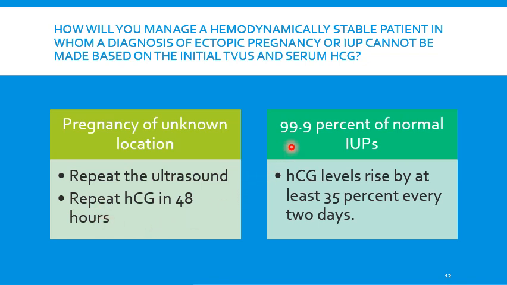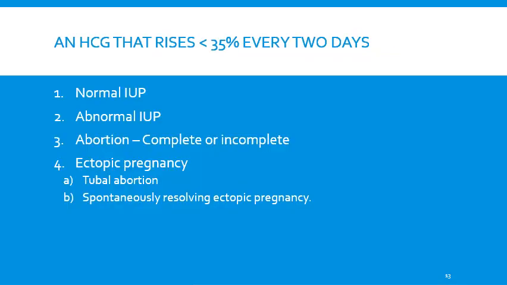In almost 100% of normal intrauterine pregnancies, the HCG levels rise by at least 35% within 2 days. If the HCG rises less than 35% within 48 hours, consider one of these probabilities.